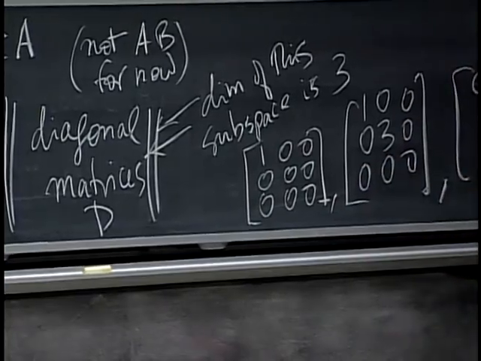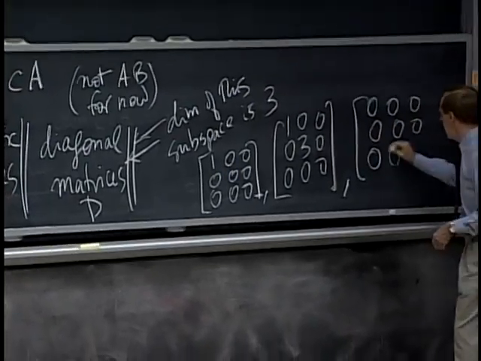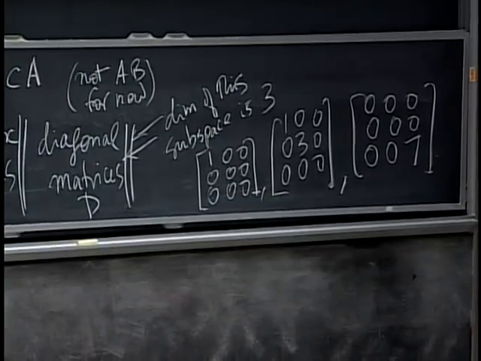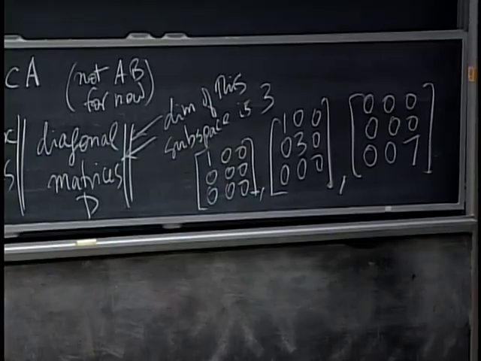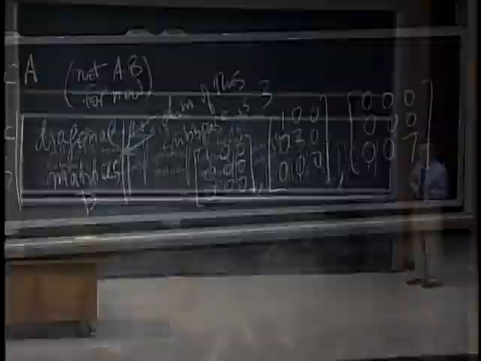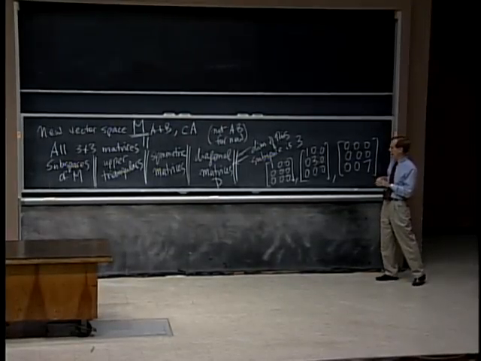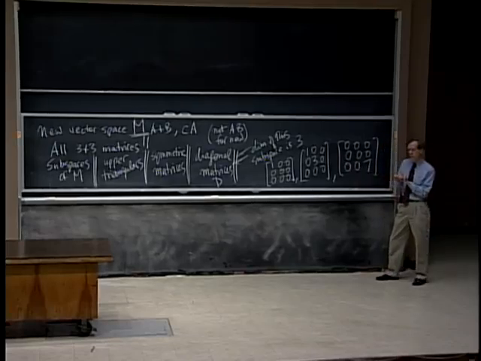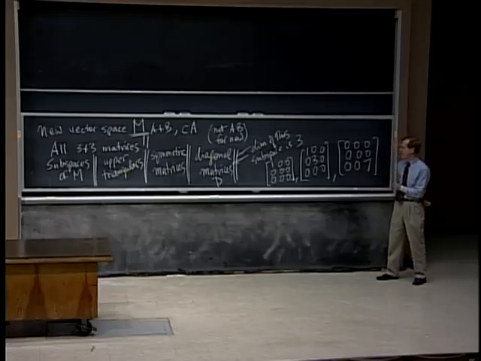Here's another one. Better make it diagonal. Let me put a 7 there. That was not a very great choice, but it's 3 diagonal matrices. And I believe that they're a basis. I believe that those 3 matrices are independent. And I believe that any diagonal matrix is a combination of those 3. So they span the subspace of diagonal matrices.